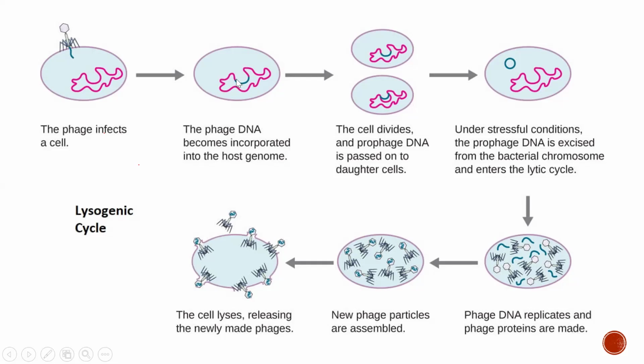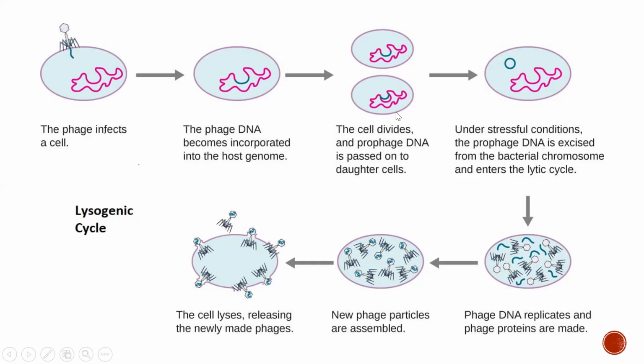All right. You see the integration, right? You can see the phage attaches itself to the bacterial chromosome instead of starting to replicate on their own and producing variant phages. They just attach themselves to the bacterial chromosome. And then the next thing is that they start dividing.